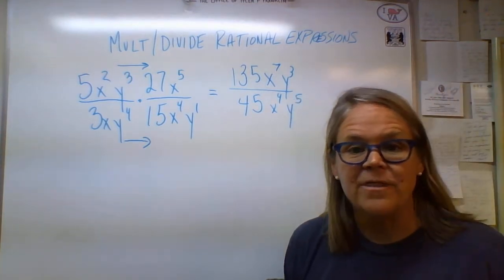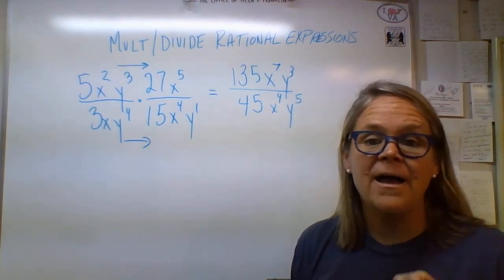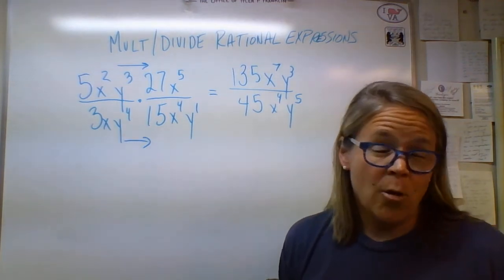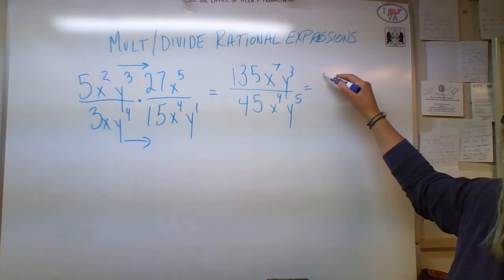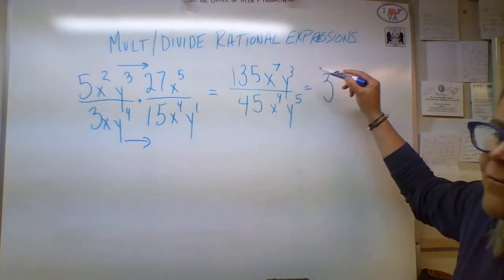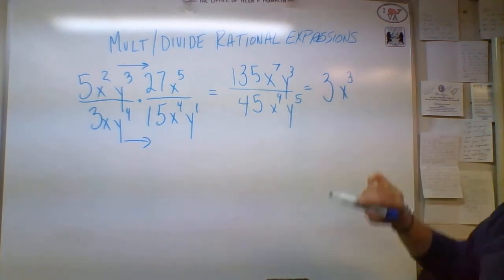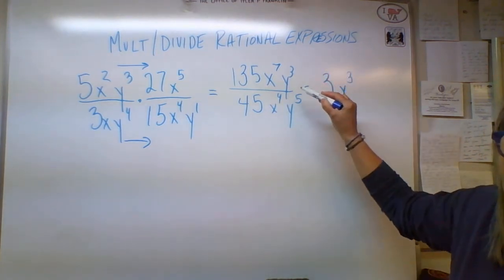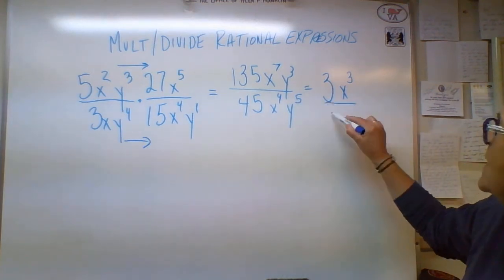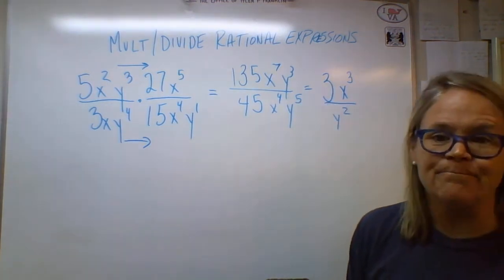Now what do I do with that? I'm going to divide my numbers, subtract my exponents. So 135 divided by 45 is 3. 7 minus 4 gives me 3 x's. 3 minus 5 is negative 2. Since that's negative, it goes on the bottom.